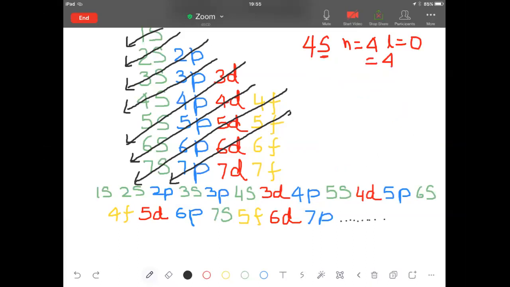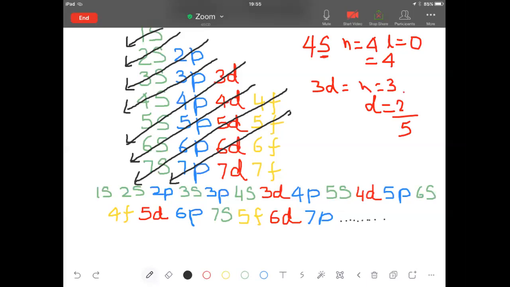Now let us talk about 3d. When I'm talking about 3d, in this case, n will be equal to 3. And for d, what will I write? s is 0, p is 1, and d is 2. So the total is coming out to be 5.